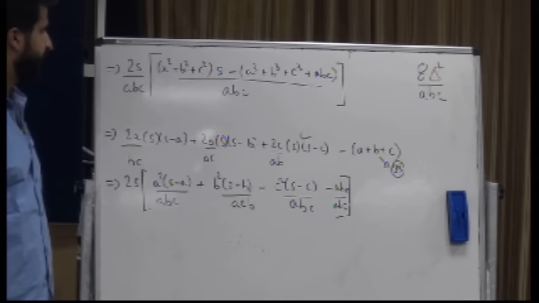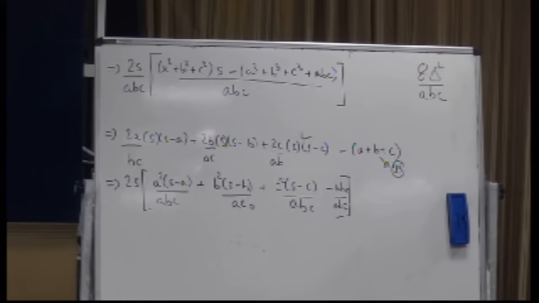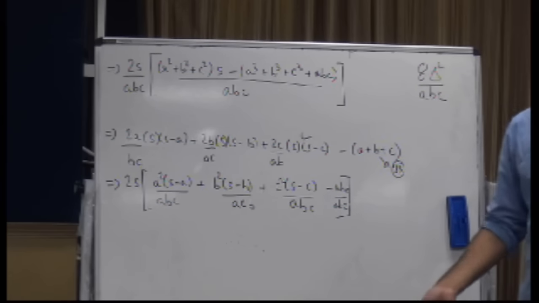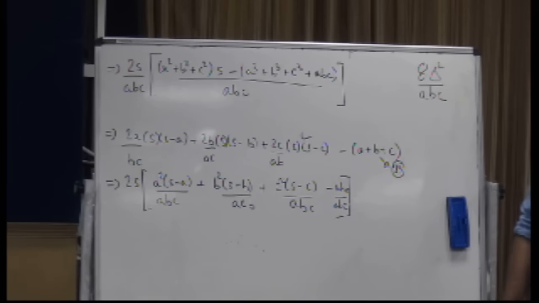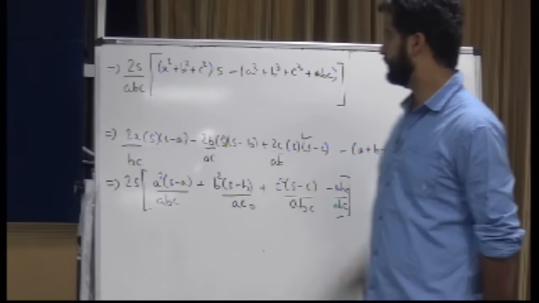Okay. We have to make it 8 delta square. So delta square will look like S minus A, S minus B, S minus C, right? So I have to make this term, okay, this ABC won't be here. So this is what we're getting.